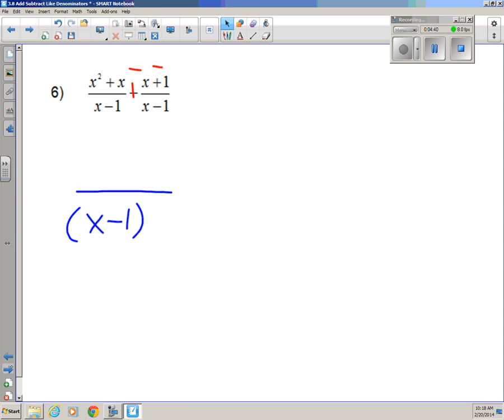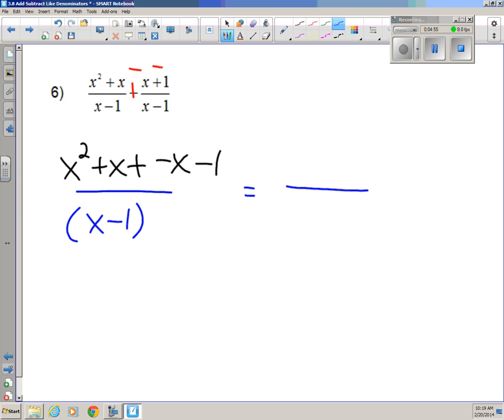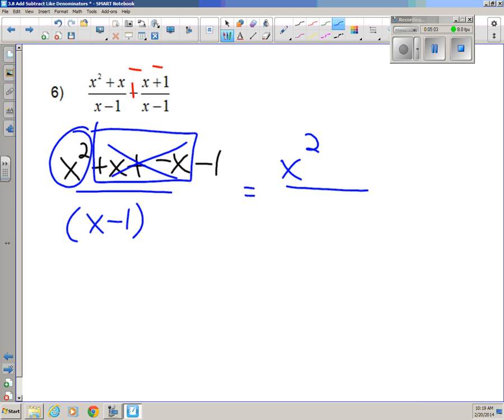So my numerator looks like this: x squared plus x plus negative x and negative 1. Now I don't have any other x squareds, so that just comes over as is. These, x plus negative x, cancel out, and I've got the minus 1 all over the x minus 1.